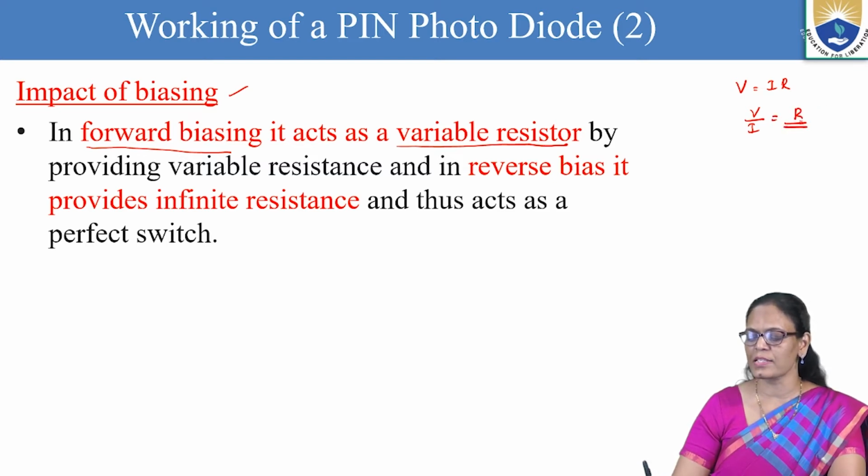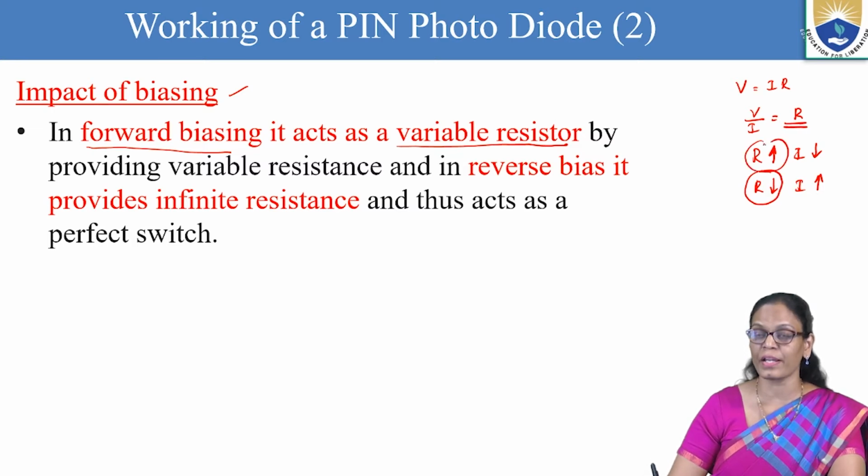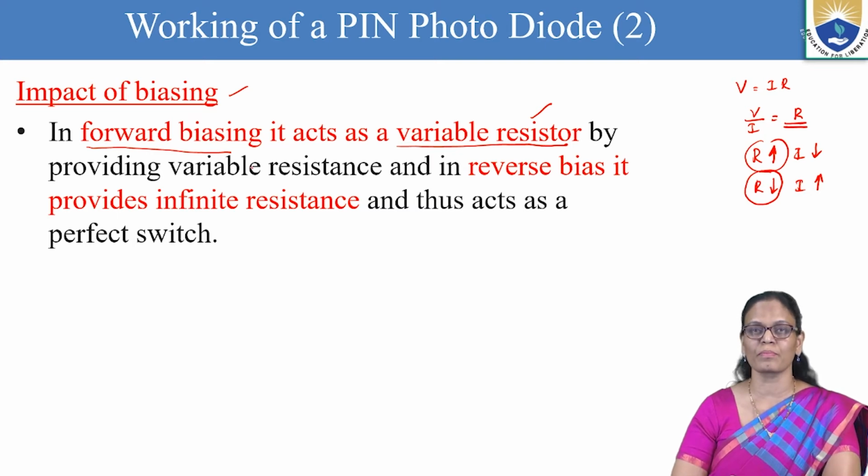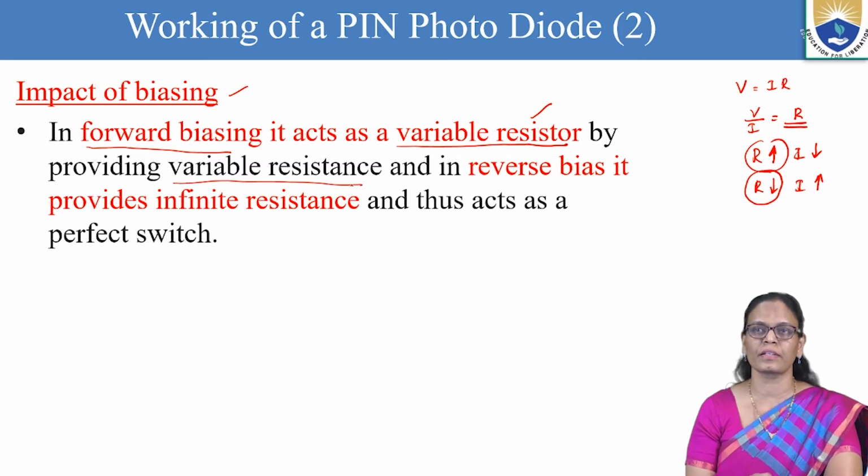So if the resistance increases, the current decreases. As the resistance is lowered, the current increases. As we are varying the resistance either by decreasing or increasing, that is a variable resistor. So in forward biasing, it provides variable resistance in the circuit.